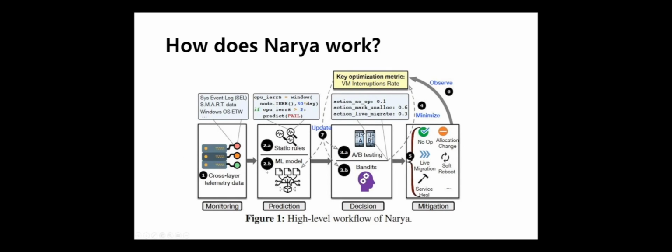The second one is the prediction part. The prediction part in Naya continuously consumes these signals and predicts whether a node will fail soon. The prediction is made through static domain rules and machine learning inference. Each prediction result streams into Naya's decision part as a mitigation request, and Naya supports two decision-making methods, which are A/B testing and Bandits.